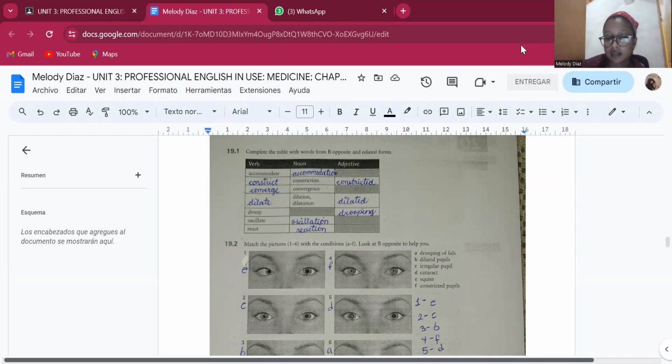Verb dilate, noun dilatation, adjective dilated. Verb droop, adjective drooping. Verb oscillate, noun oscillation. Verb react, noun reaction.